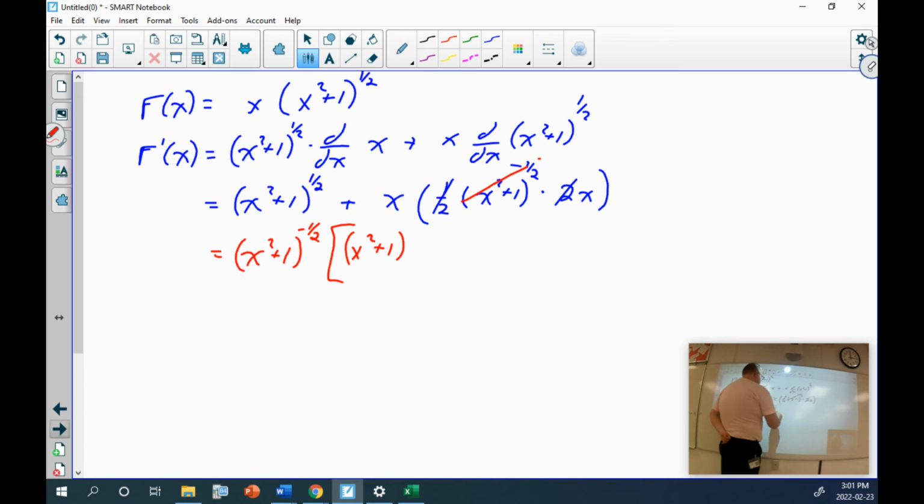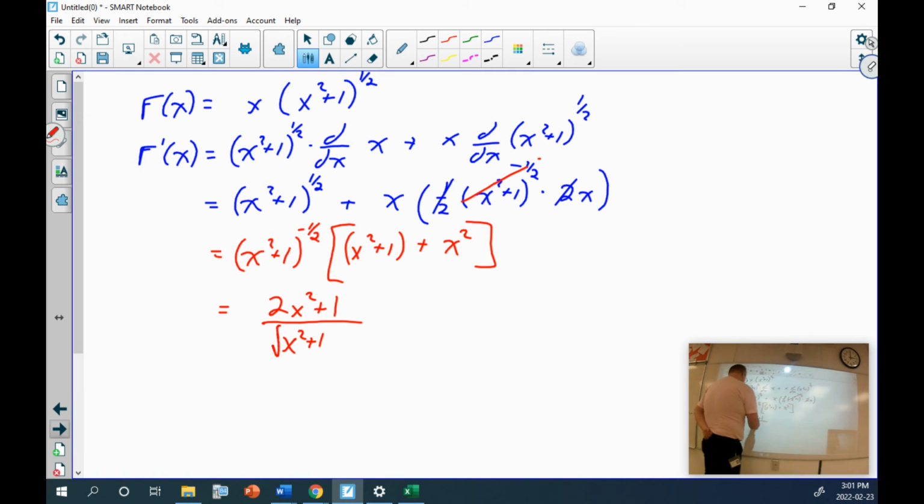This has disappeared, and that's become, we now have x squared. However you want to write that. I don't like negative exponents, if I can get rid of them.